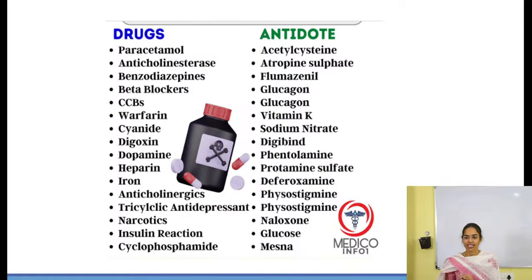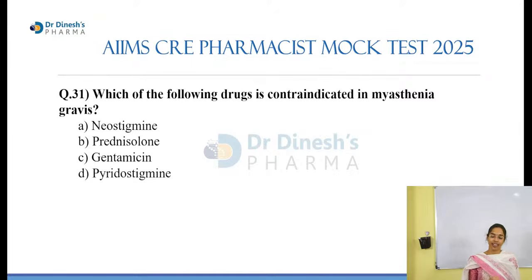Which of the following drugs is contraindicated in myasthenia gravis? What is myasthenia gravis actually? It is an autoimmune disorder, right? This is also a very prominent question.